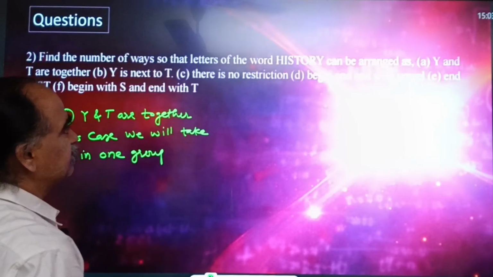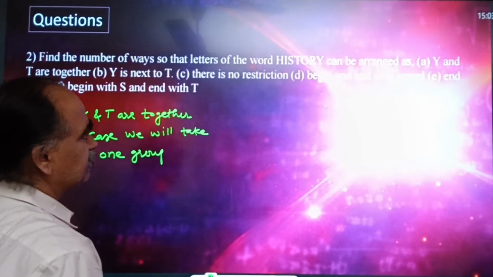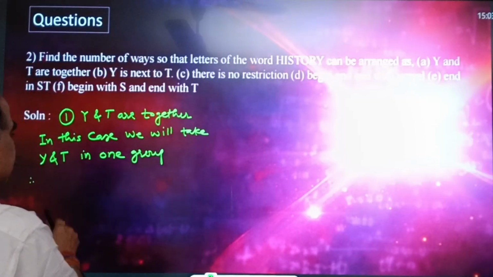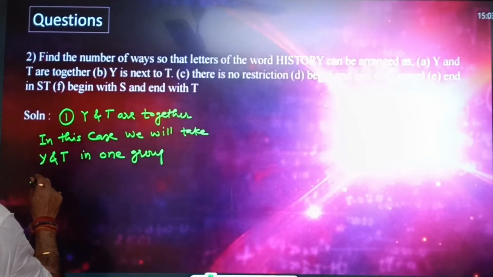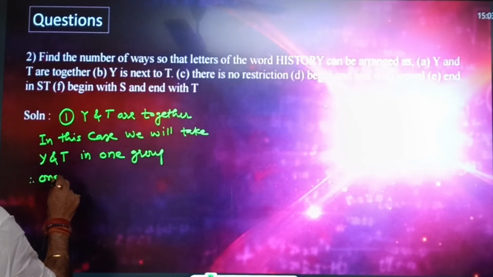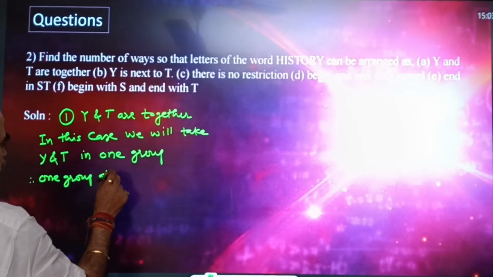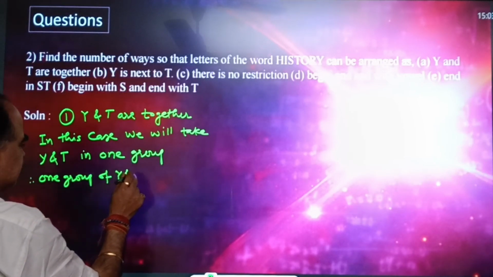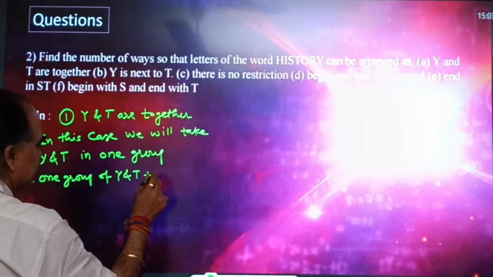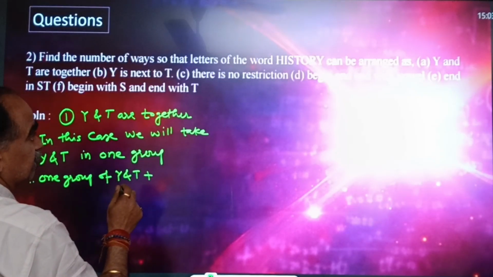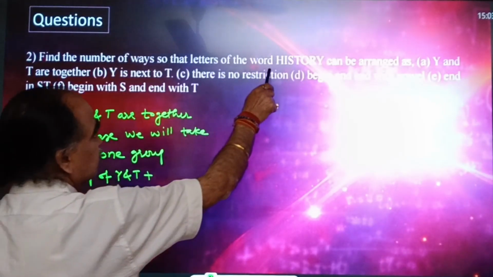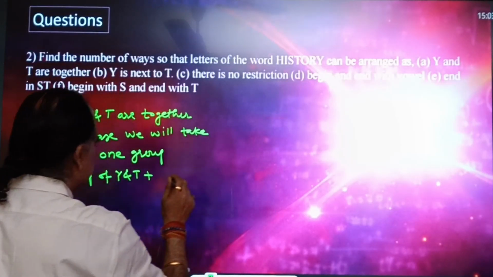So HISTORY contains 7 letters, Y and T together, therefore one group of Y and T plus 5 other letters.